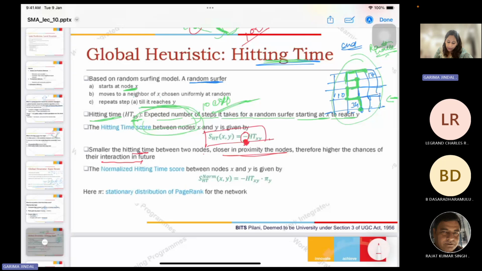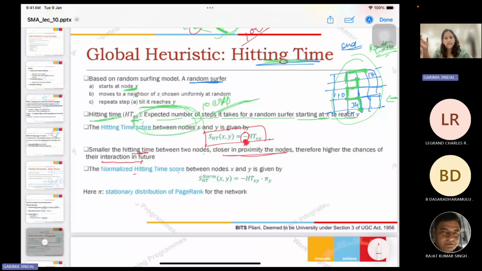We can also have a normalized hitting score. So you will have some hitting score and you can normalize that value. How do you normalize that value? You can normalize it by using the centrality value. So which centrality value?